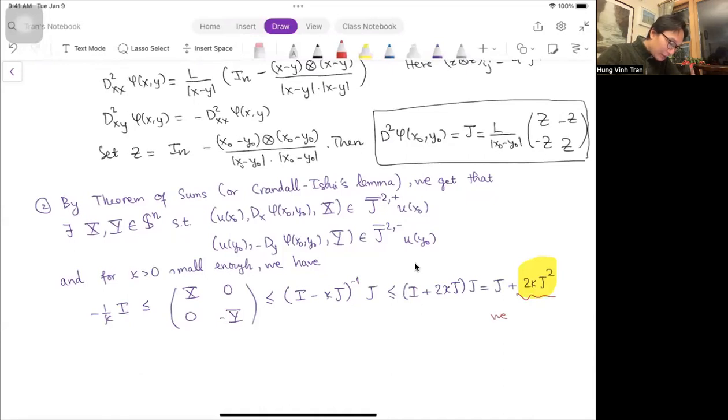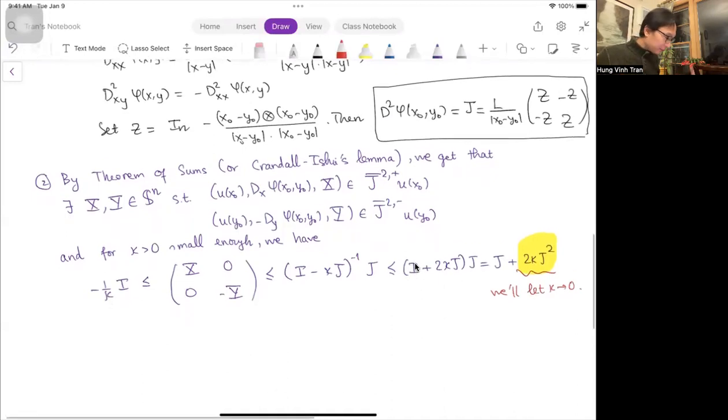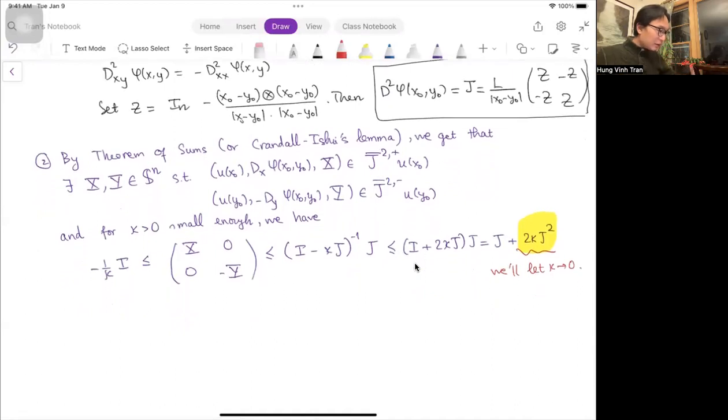We will let kappa tend to 0, so it's there, but it's harmless. So that's the Crandall-Ishii lemma, that we can control the generalized Hessian in a good way.